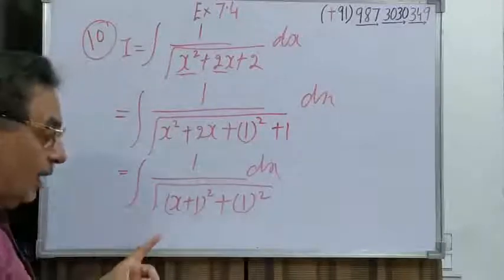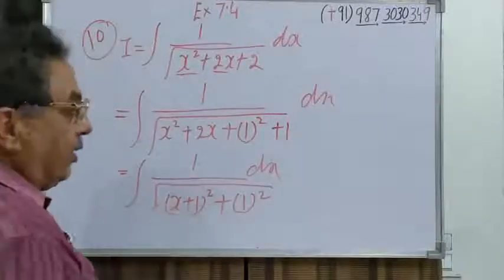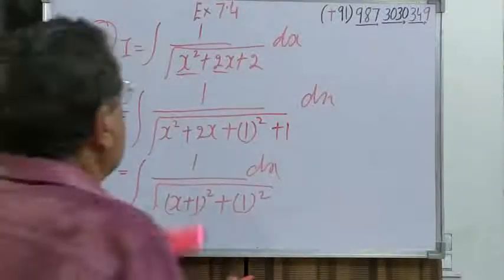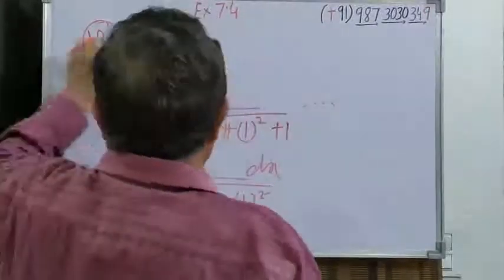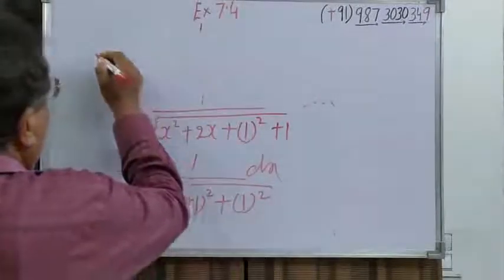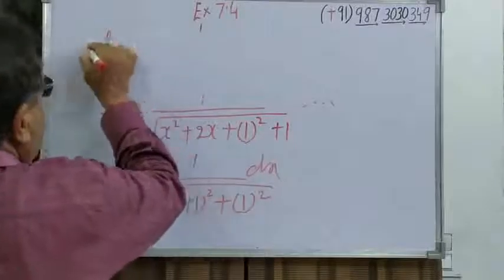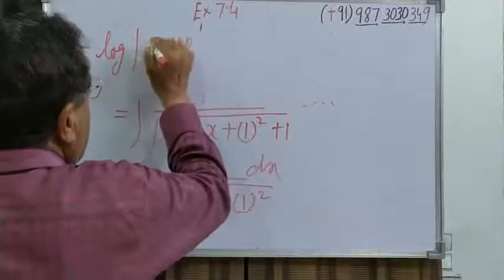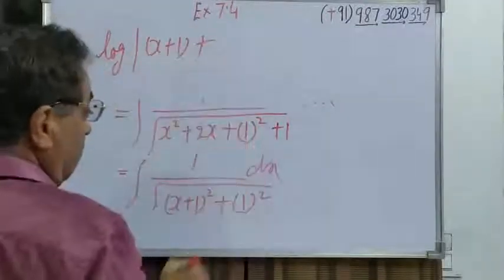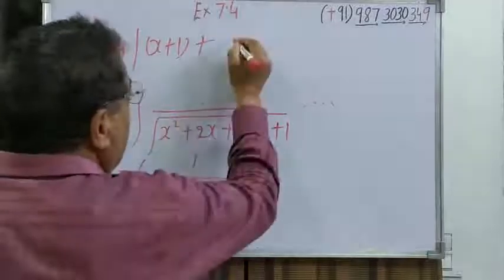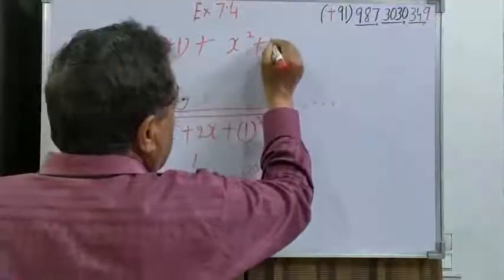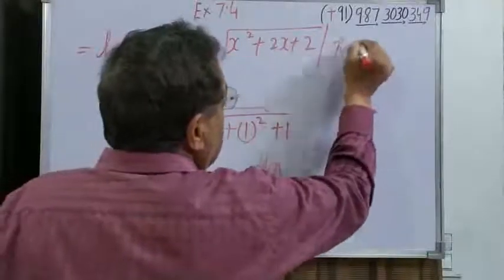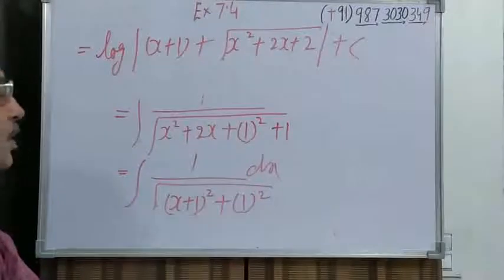Now which formula is applicable? x square plus a square, and that is equal to, the answer would be straightaway log of x plus 1 plus the quotient itself, and the quotient itself is the square root of x square plus 2x plus 2, plus c. So this is the answer for this one.